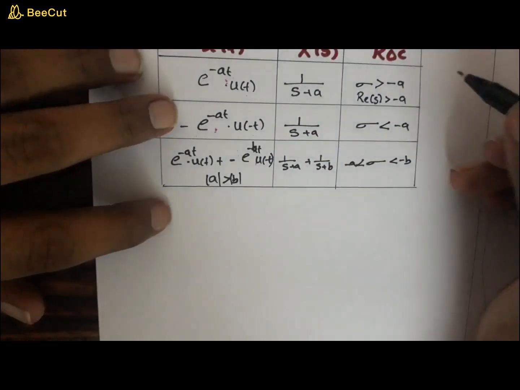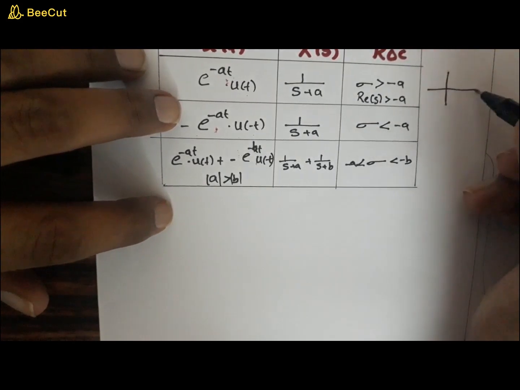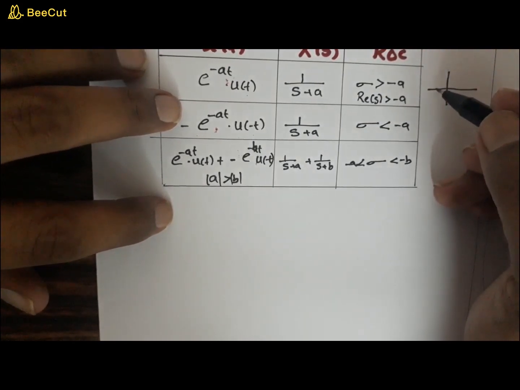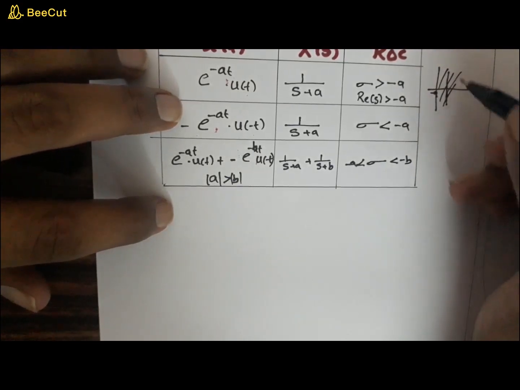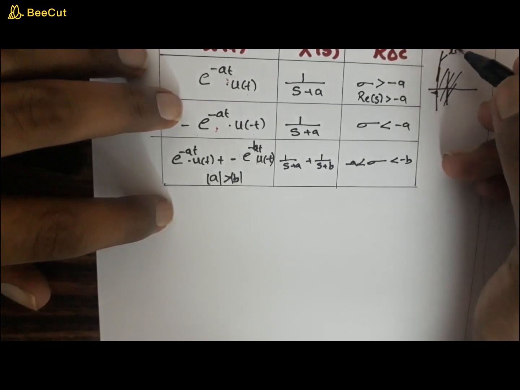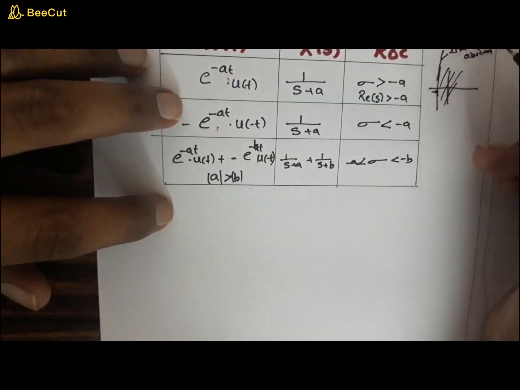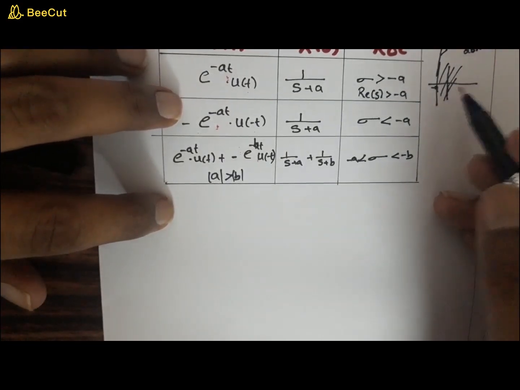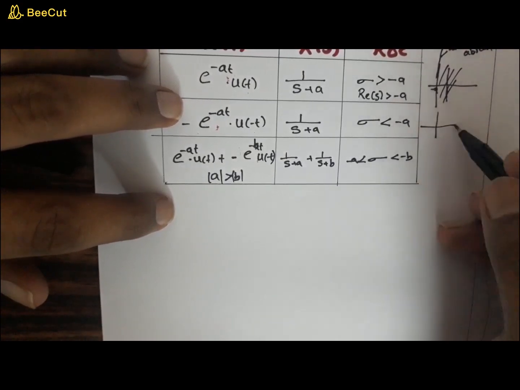When you draw the figure, or if you want to understand the region of operation, suppose this is minus a, this region will be the right side of this line, right? This line is called the line of abscissa. Now this is the right side of the line. So in this case, it will be the left side.